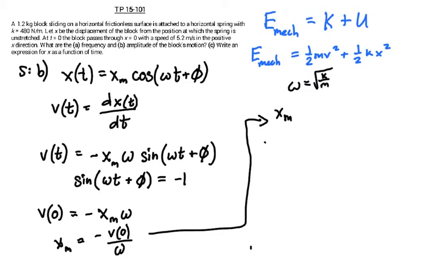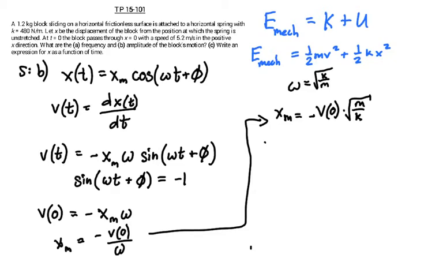I'll put it up here for your reference. Now we can say our maximum displacement is negative the speed at time equal to 0 times the mass over the spring constant.